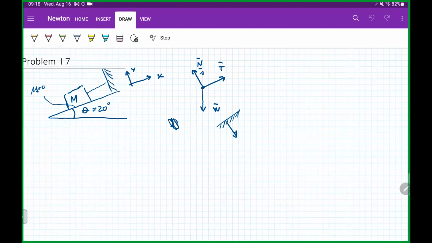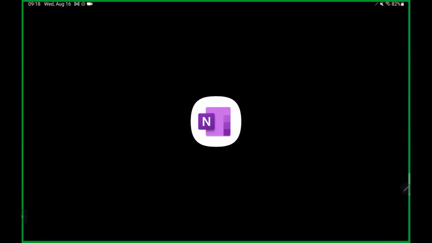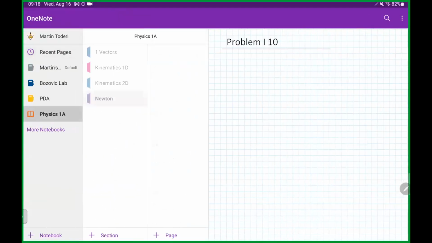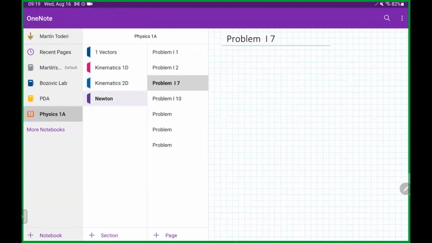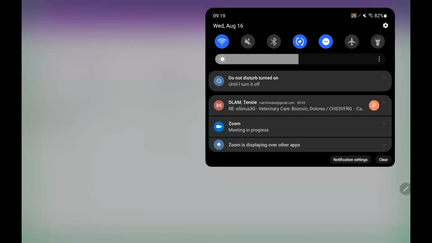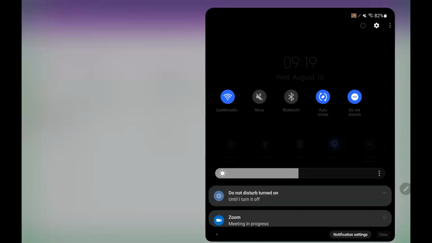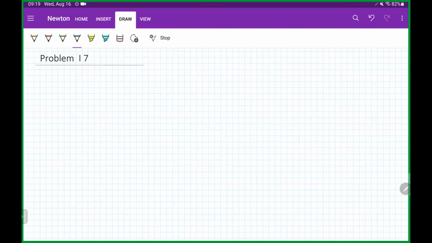Let me close the app and open it again. Let's see. Whoa. Okay, it seemed that I have lost that slide. So let me just real quick get the drawing back.